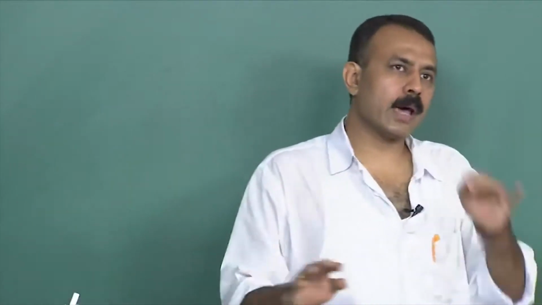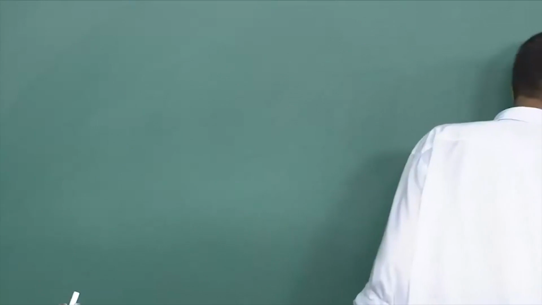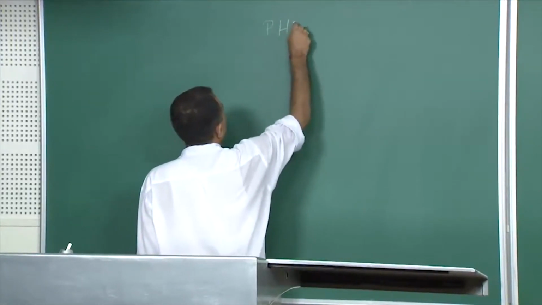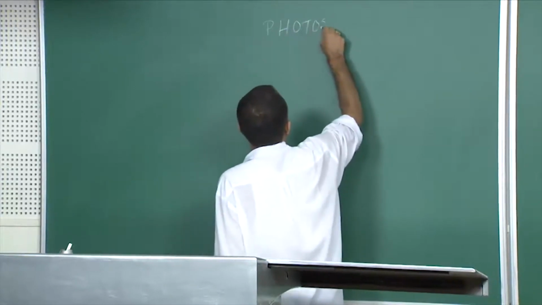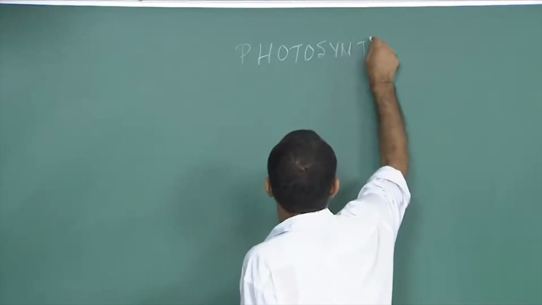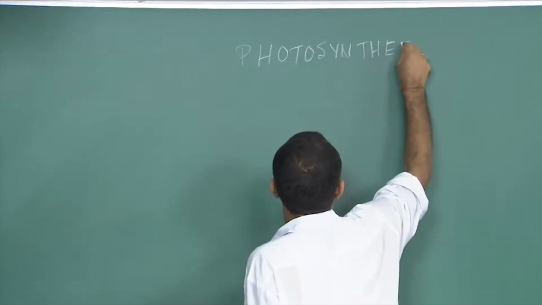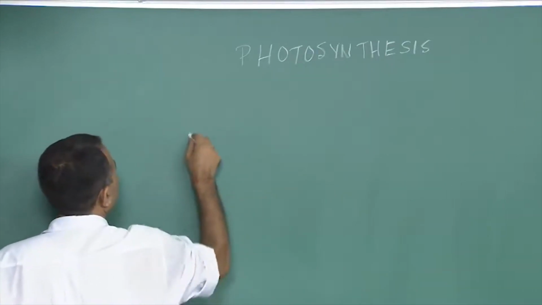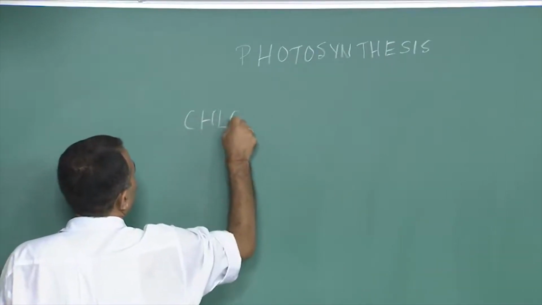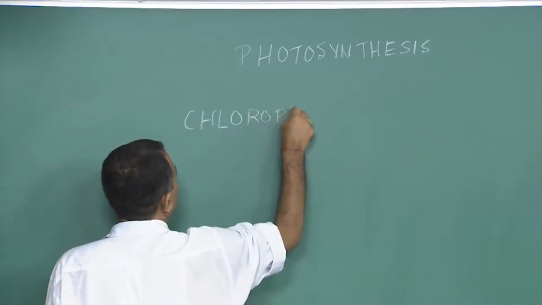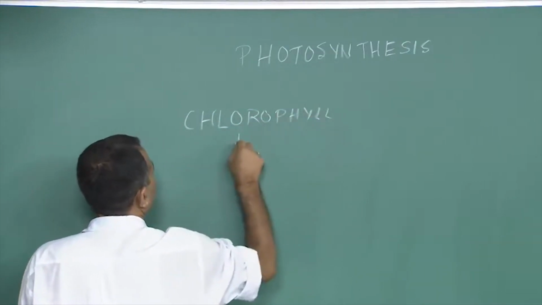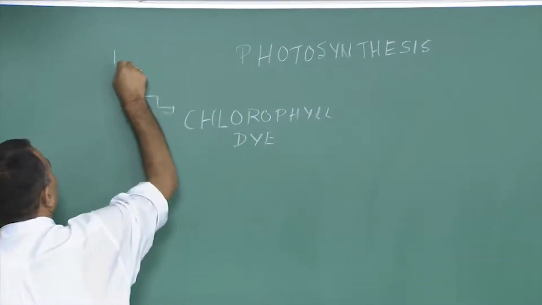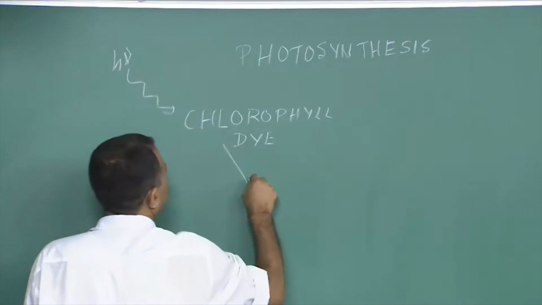Just a brief recap for those of you who are joining in this lecture. Talking about photosynthesis in the last two lectures, there are two major things we observed. One thing we observed is that chlorophyll dye has the ability to absorb light and eject an electron.